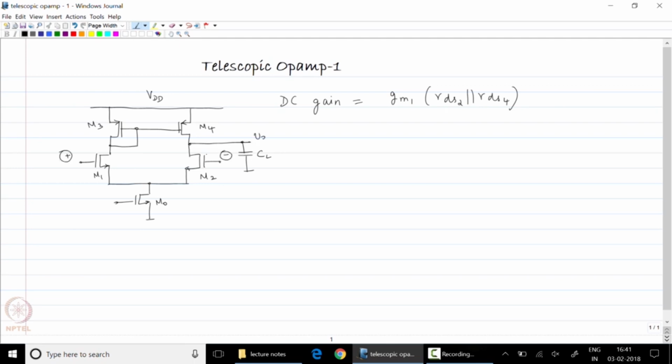Now let us assume that I want to increase the gain of this op-amp, so I want an even larger DC gain. That is our goal. As you can see, the DC gain as we have it now is of the order of the intrinsic gain of a device.